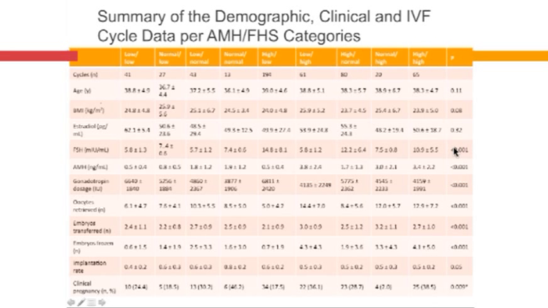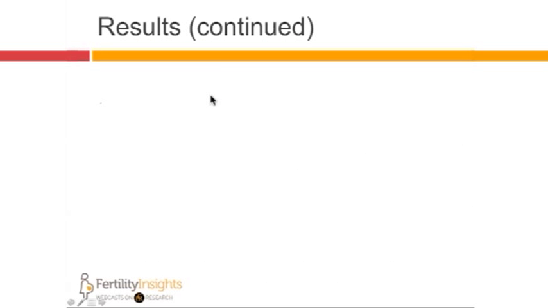So again, this shows us that these different combinations of AMH and FSH have significant clinical meaning, significant clinical relevance in predicting how well or how poorly a patient may be doing.